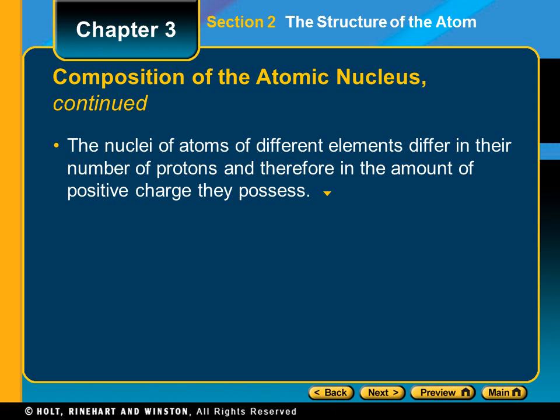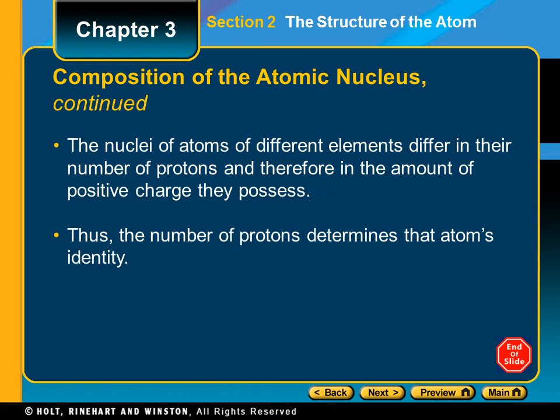The number of protons in hydrogen is different from the number of protons in helium, and so on. I tell you this to remember that the atomic number, or the number of protons, is ultimately what identifies what the element is. It is the identifying indicator. And that's what this says here: the number of protons determines the atom's identity.